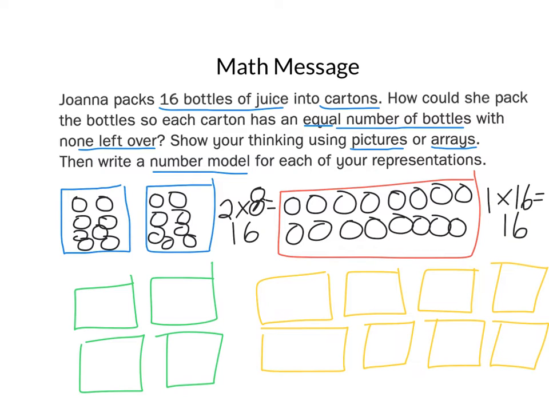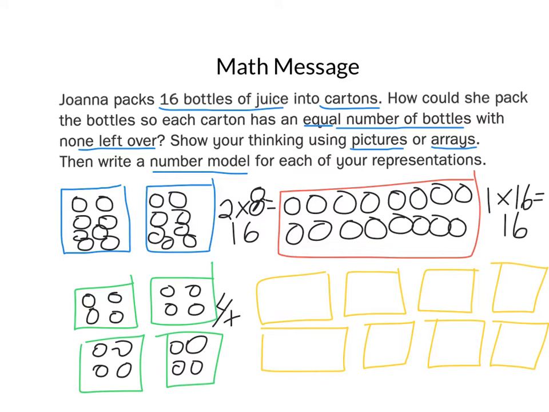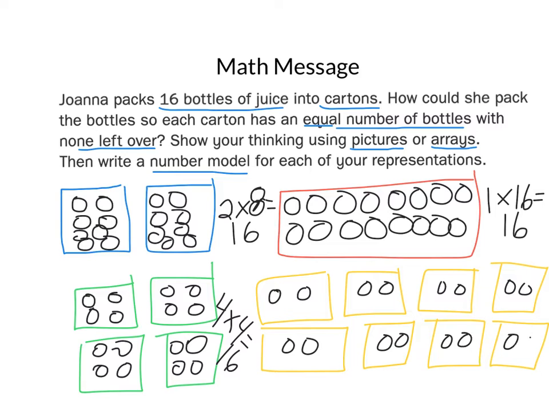My next one, I know I can do it into 4 containers. So if I do it into 4 containers, I'm going to put 4 bottles of juice in each of those cartons. And so my multiplication number model for this one would be 4 times 4 equals 16. For this next one over here, I could do 8 cartons, and if I did 8 cartons, I would do 1, 2, 3, 4, 5, 6, 7, 8, 9, 10, 11, 12, 13, 14, 15, 16.